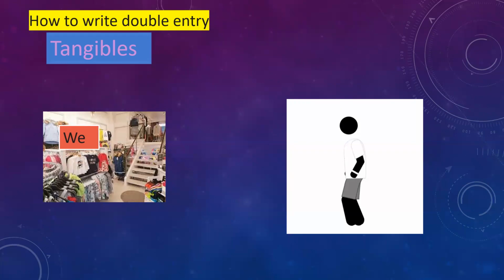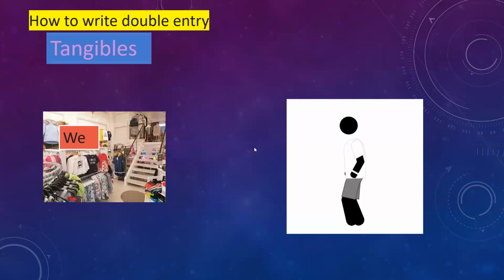Cash received debit, cash account. Cash given credit, cash account. Very good. What about furniture? Furniture received debit, furniture account. Furniture given credit, furniture account. Very good.